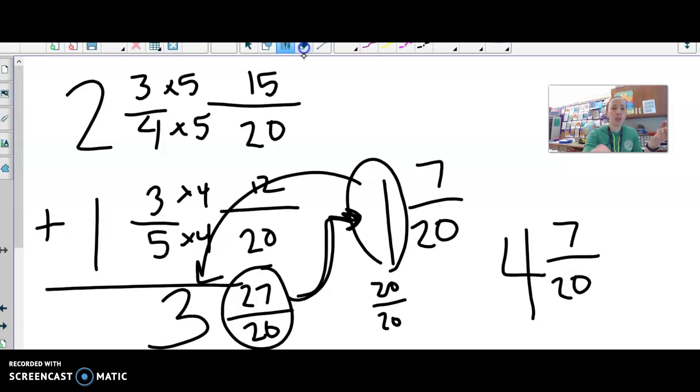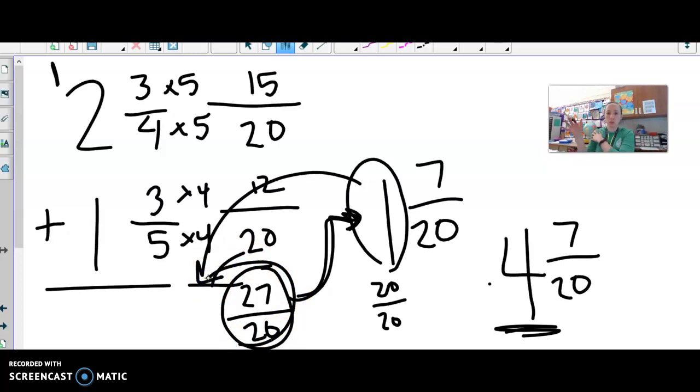If it helps to think about it, if I didn't write this here, it's like I carry the 1 up into my whole number land, so then I get the 4. So I just had to take the improper fraction that I got from my fractions, change it into a mixed number, then combine that with the whole numbers that I already had.